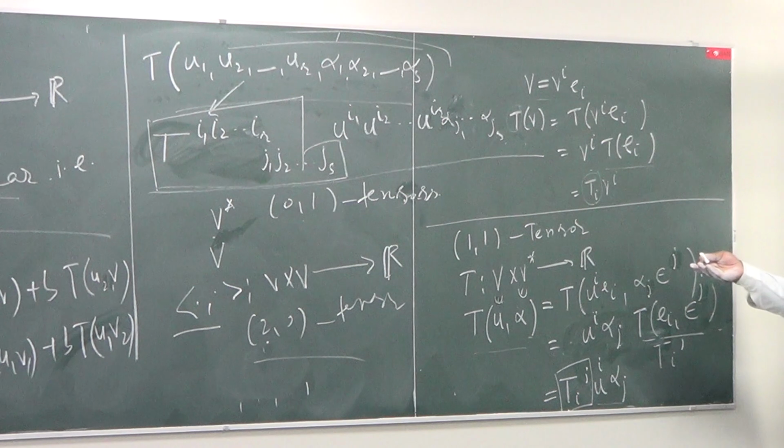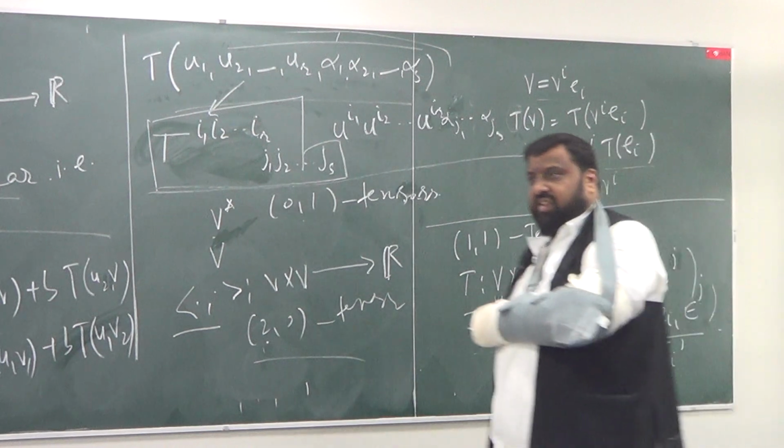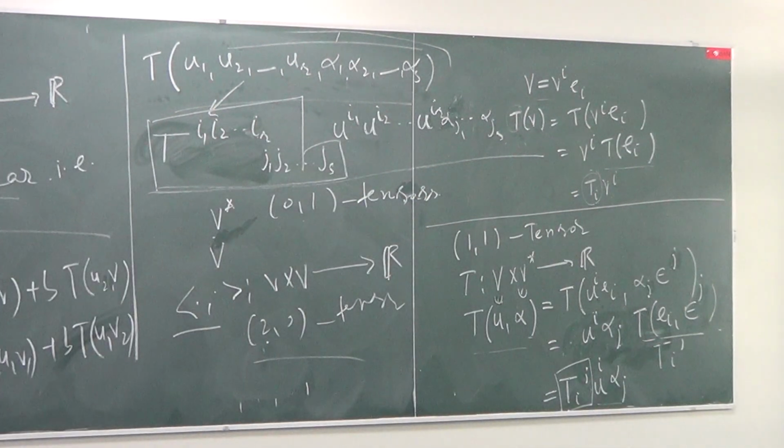For example, we talked about the inner product. The inner product is something else; it just measures the angle between two abstract vectors. But we can also see this as a tensor, actually. So it unifies lots of theory. Are we happy with this? So let's move on.